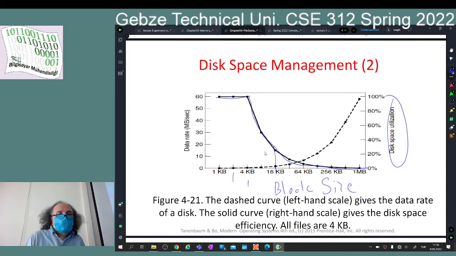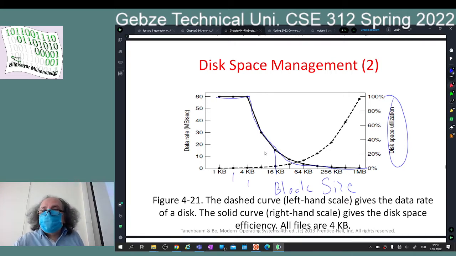So with 4 kilobyte files and varying block sizes, this blue curve that I have drawn is going to show you your disk space utilization. Okay, that's it.